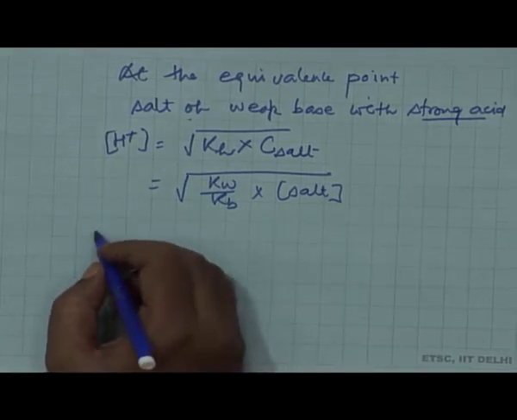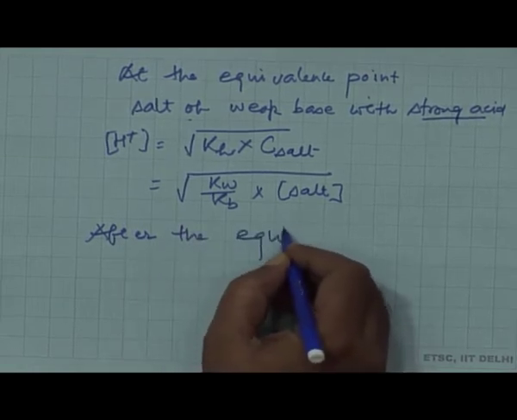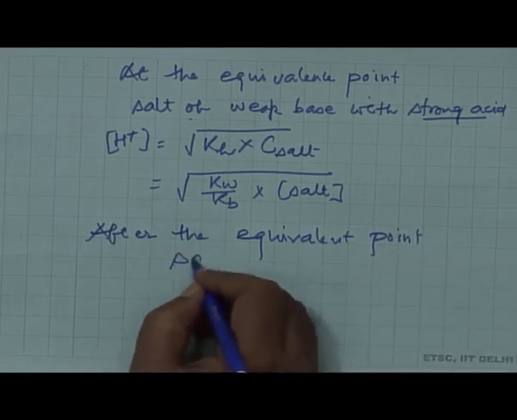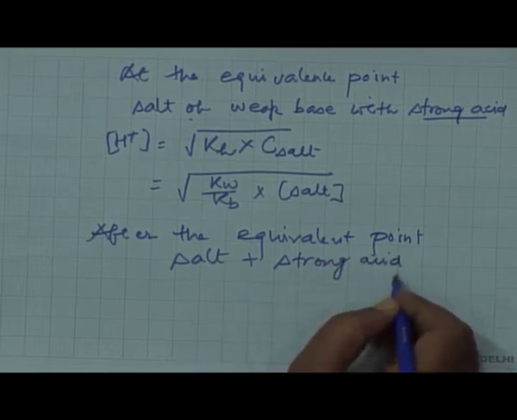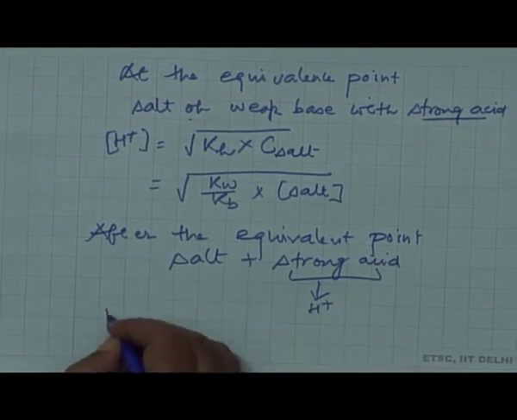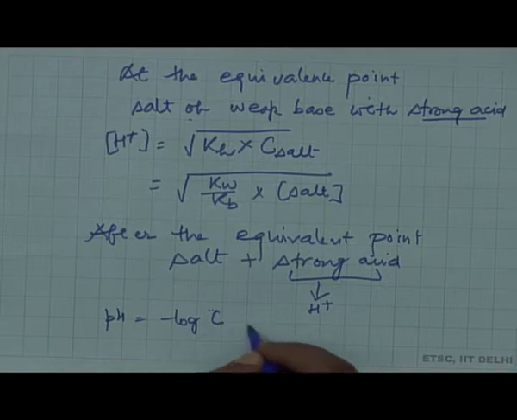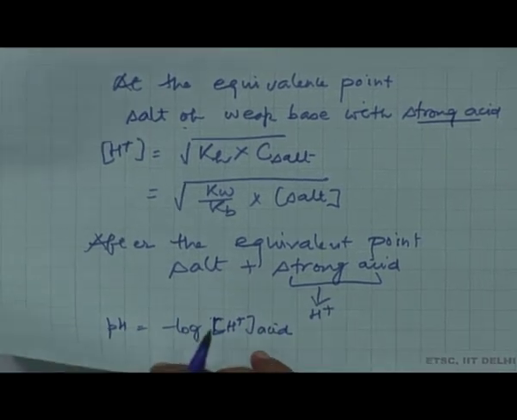And finally, after the equivalence point, you have salt plus a strong acid, but most of the H plus ion will come from the strong acid, and so pH will be minus log of the concentration of H plus from acid.